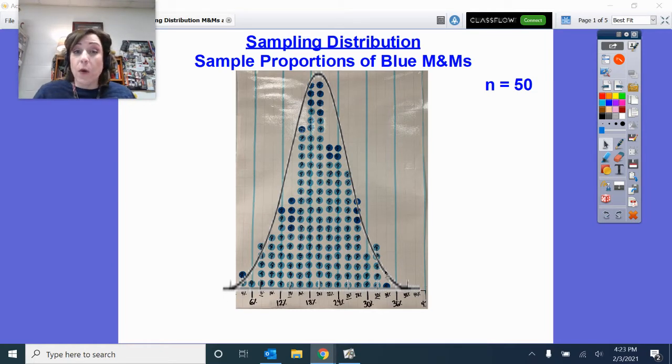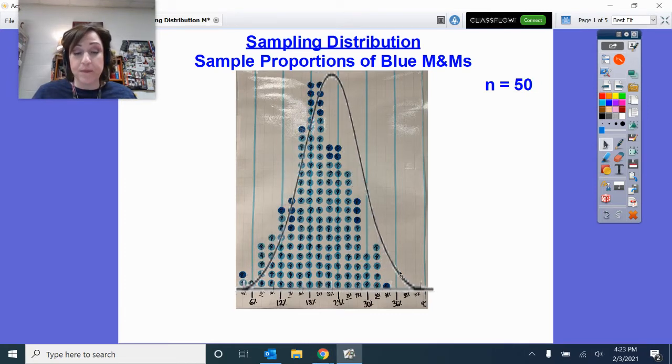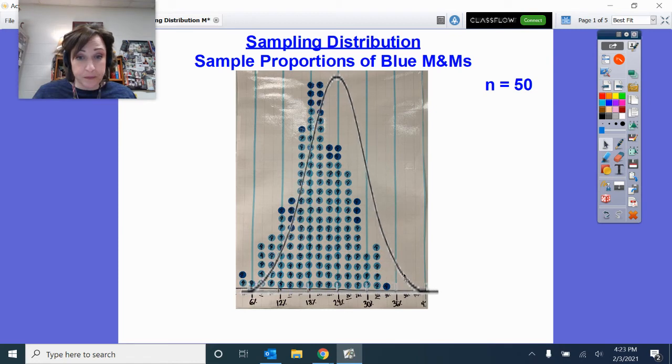Now, the question we posed is, where did our M&Ms come from? So let's see. Here's my normal model, and here is the normal model with 24% in the center.